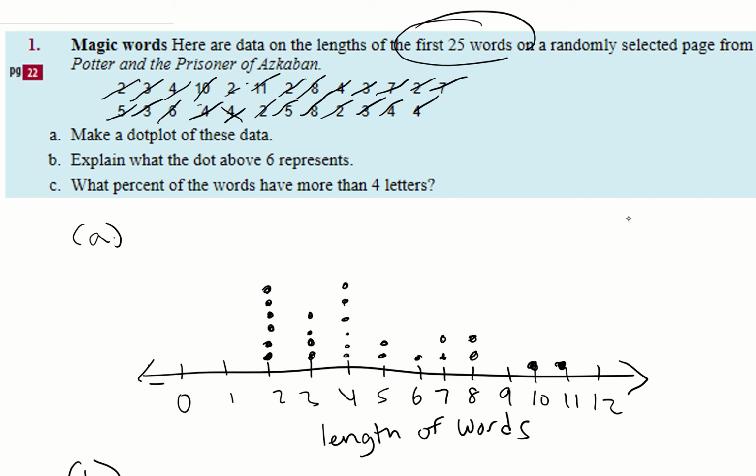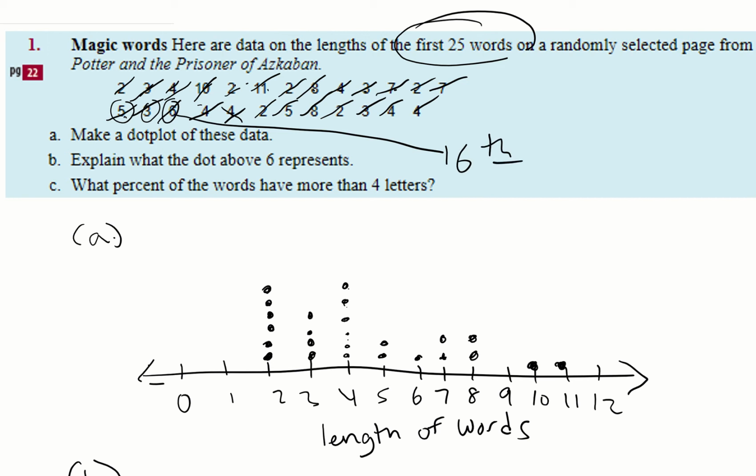So if you look at number 6 and you look at it in the data here, we have 1, 2, 3, 4, 5, 6, 7, 8, 9, 10, 11, 12, 13, 14, 15, and 16, right? So this right here.